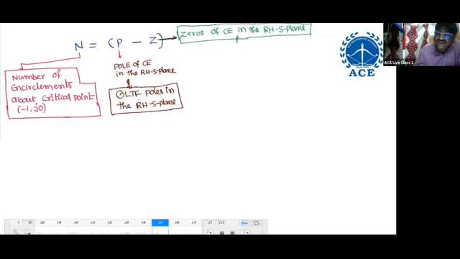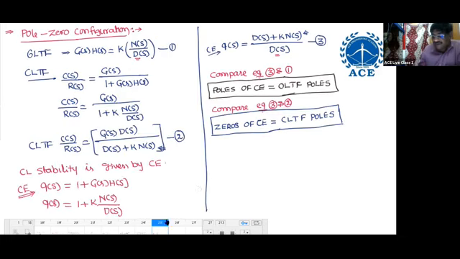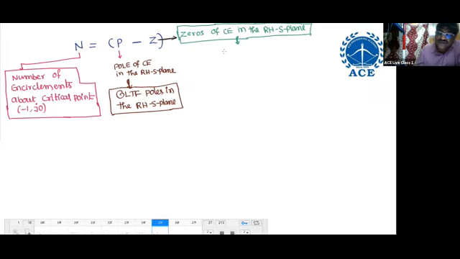What are the zeros of the characteristic equation? Look here. Zeros of the characteristic equation are nothing but the closed loop transfer function poles in the right of S plane.